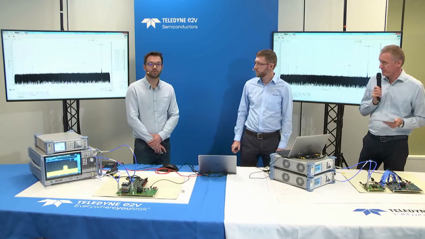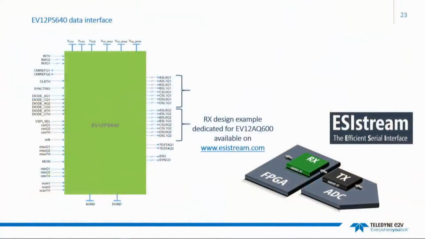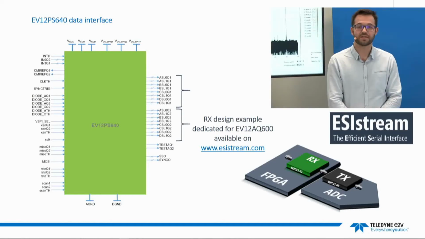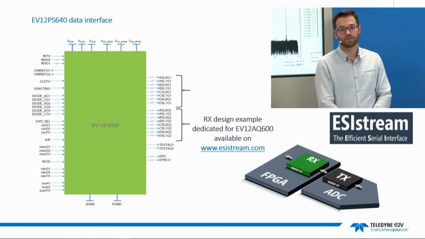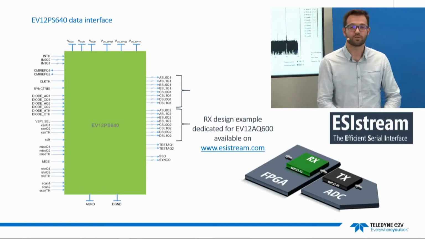Yeah, so again, if we switch to a slide, we can discuss the data interface of this proof of concept. For this proof of concept, the EV12PS640 requires 16 high-speed serial lanes supported by EasyStream and running at a maximum of 12.8 gigabit per second.